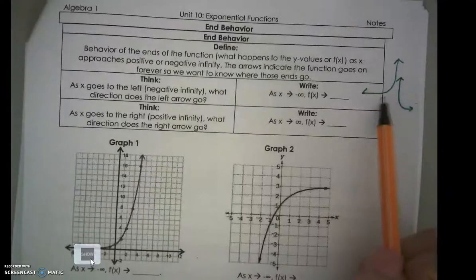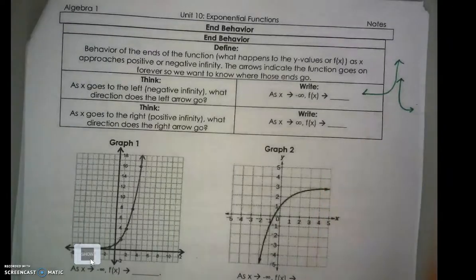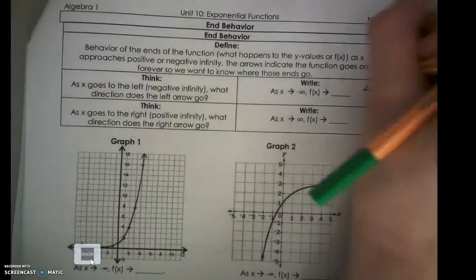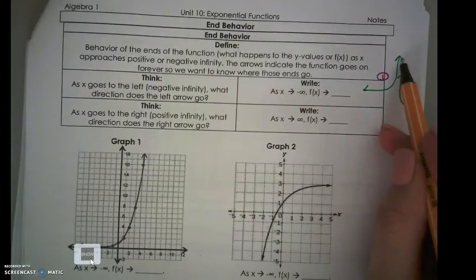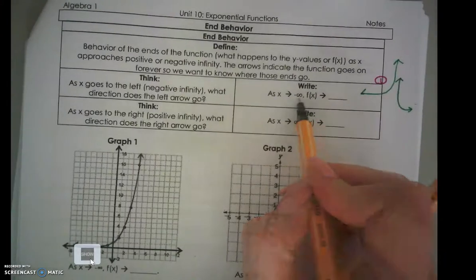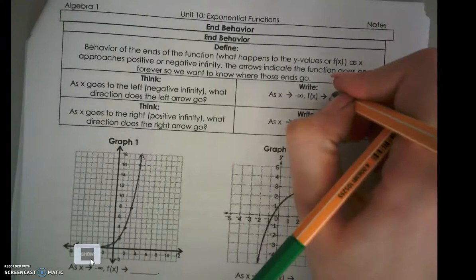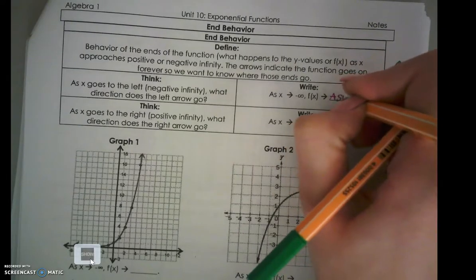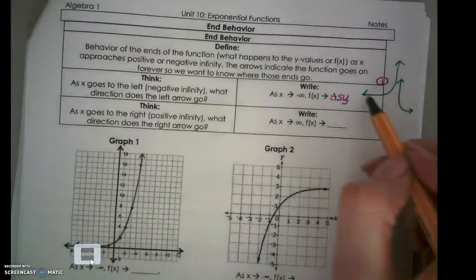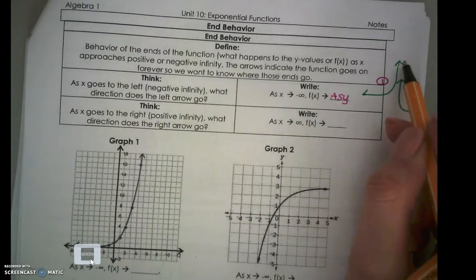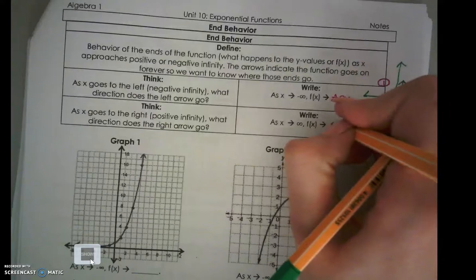In green, well, let's label them. I lied to you. This first example, my growth function: when my x values are negative, my y values are approaching my asymptote. When my x values become more and more positive, I'm approaching infinity.